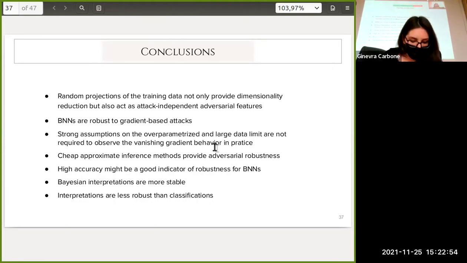Even though we made some strong assumptions from the theoretical point of view, in practice we observed that this adversarial robustness holds even when we are using cheap approximate inference techniques like Bayesian inference. And then we noticed how high accuracy is a good indicator of robustness for BNNs. And finally, we saw how Bayesian interpretations are more stable in general, and how interpretations are in general less robust than classifications.